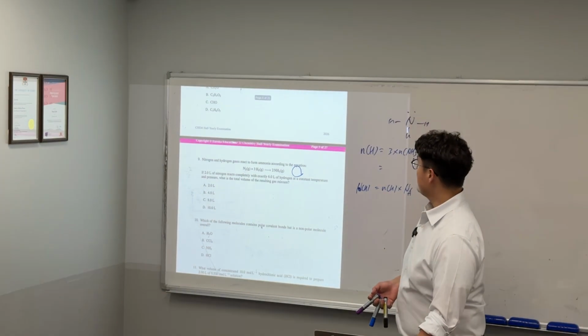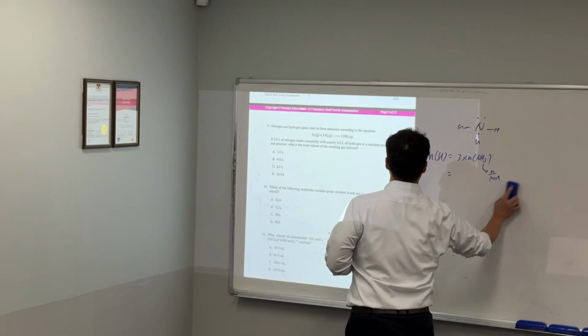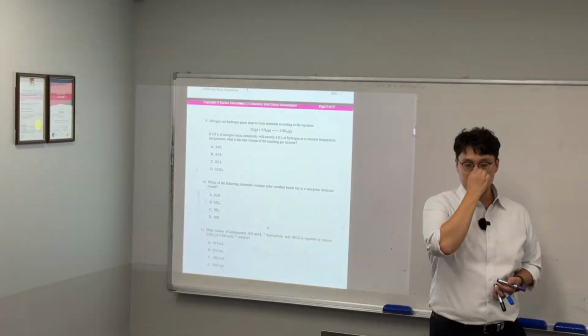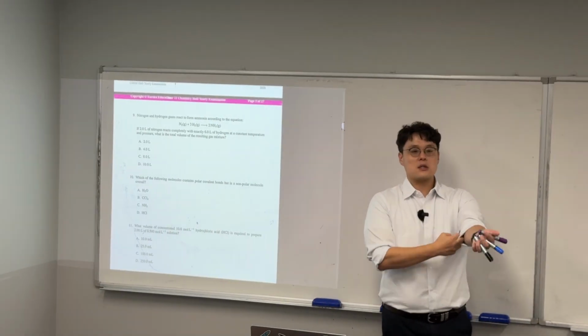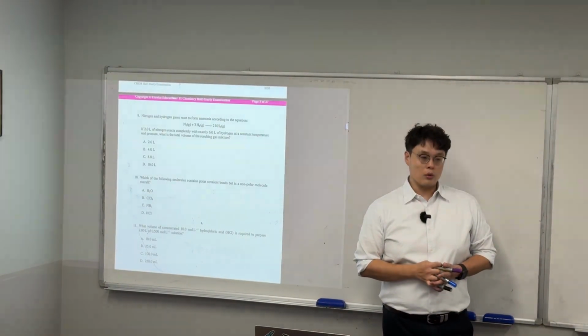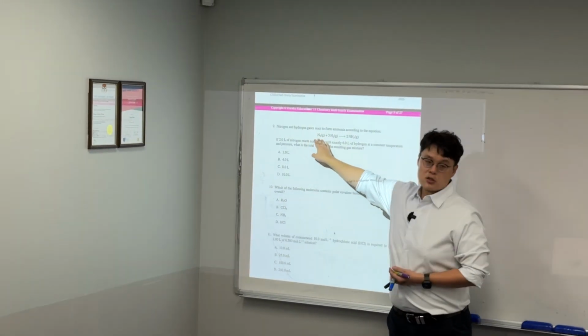Next one, 9. Nitrogen and hydrogen gas react, with 2 liters and 6 liters given. If you remember, this is Gay-Lussac's law, where we can take the volume of the gas as the mole ratio.